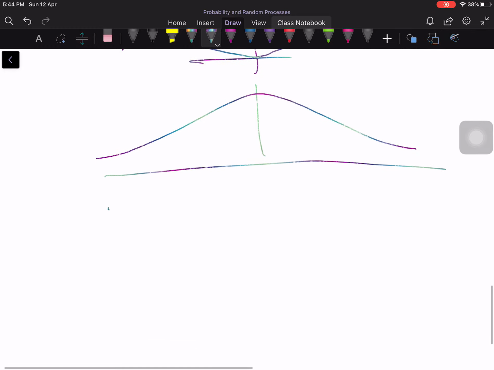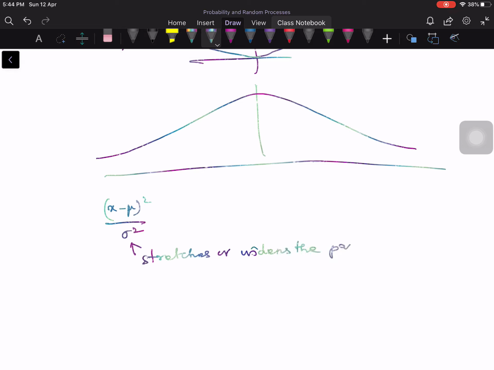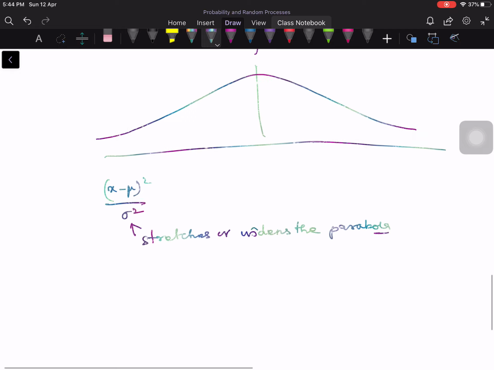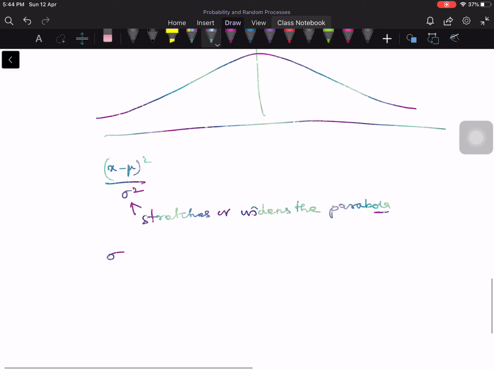So in general what we do is we take x minus mu the whole square divided by sigma square. This stretches or widens my parabola by a factor of sigma. So based on the parabola, your density function is also going to change. Let's say sigma is very small, less than 1.